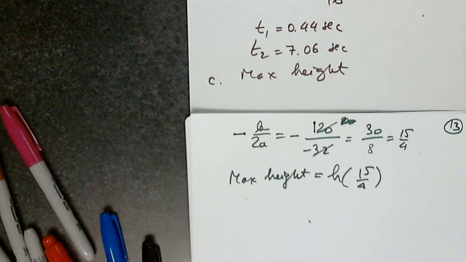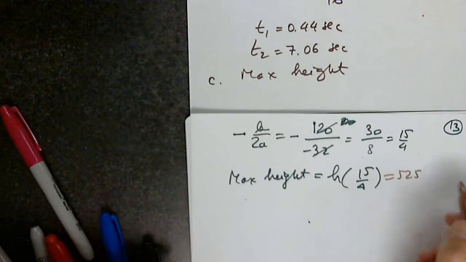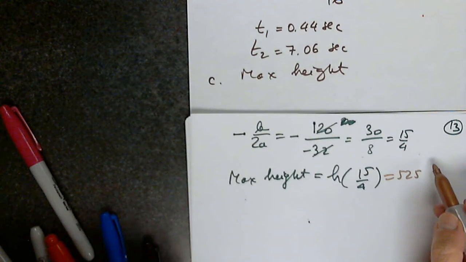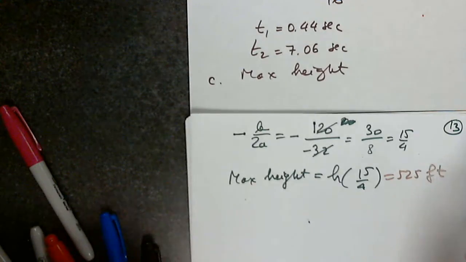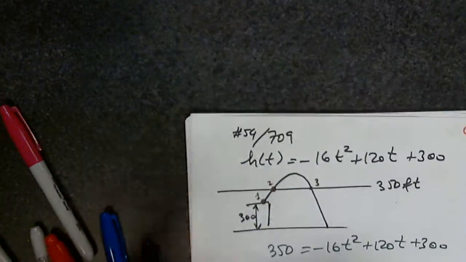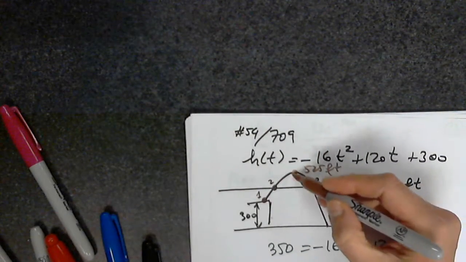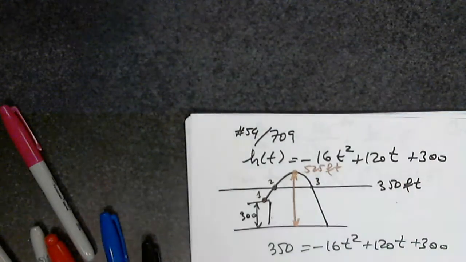So we plug in 3.75, and we get 525. So what is the maximum height of the projectile? 525 feet. So it's up here. 525 feet. This height is 525.